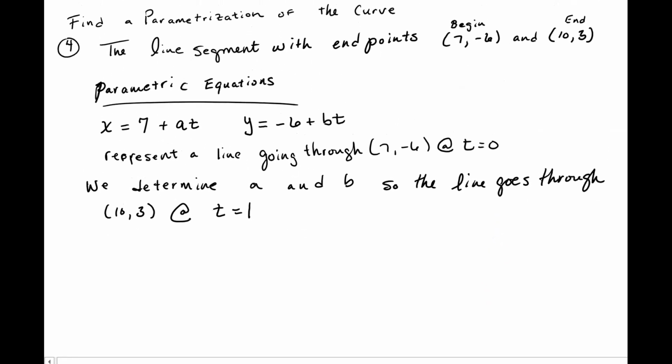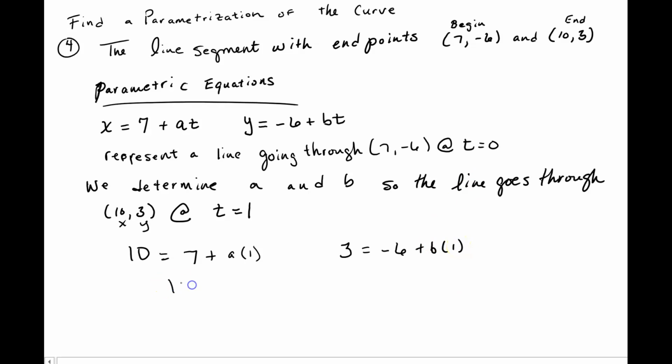So what do we say then? Well, 10, which is an x value, because this is x and this is y, will equal 7 plus a times 1, and then 3, which is the y value, will equal -6 plus b times 1, because we take t equal 1.